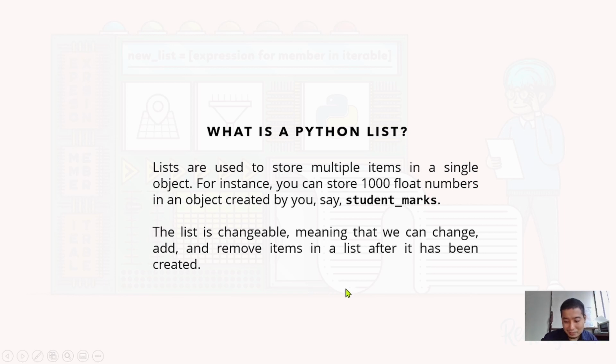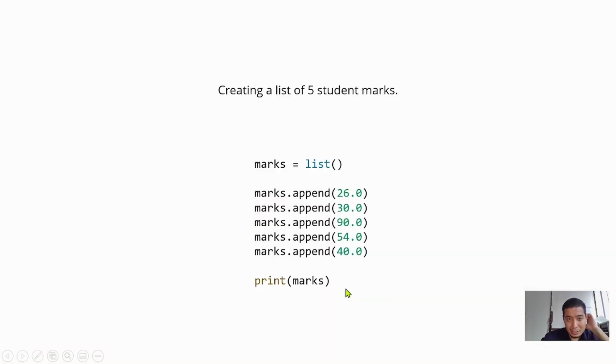So now, creating a list. Of course you have learned this before where I taught you on the object and class. This is your variable marks, and this is your class, or the type of your variable.